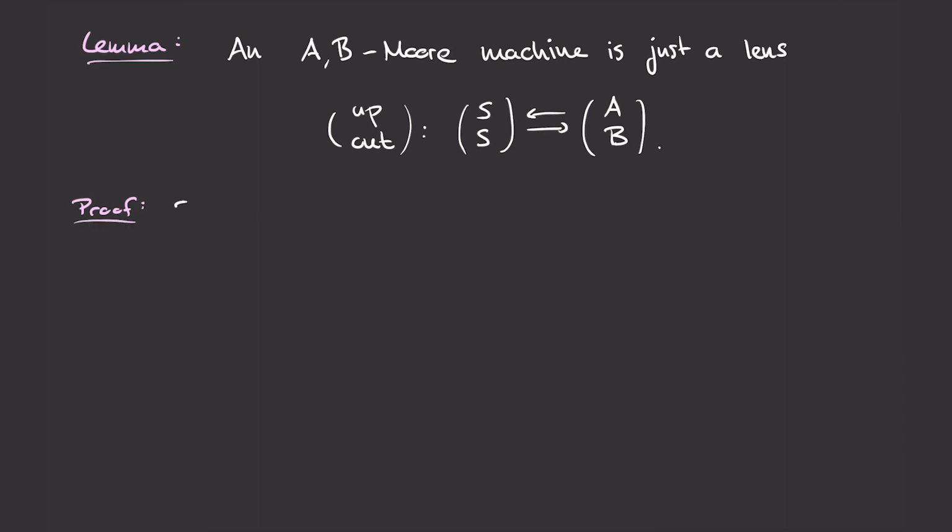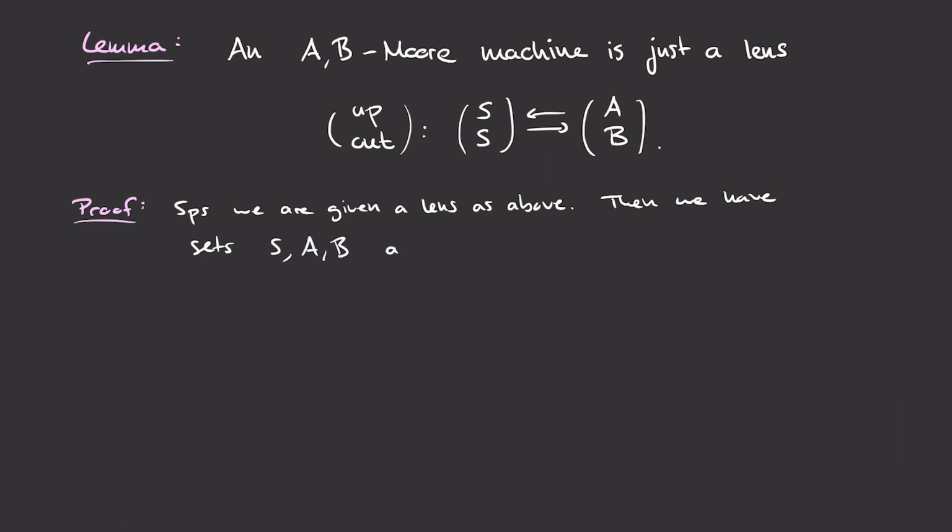So first, we suppose that we're given a lens of the above type. We just need to remember what the objects were that were involved in such a lens. So having such a lens means we have sets S, A, and B, along with two maps, namely this map called up and the map called out.